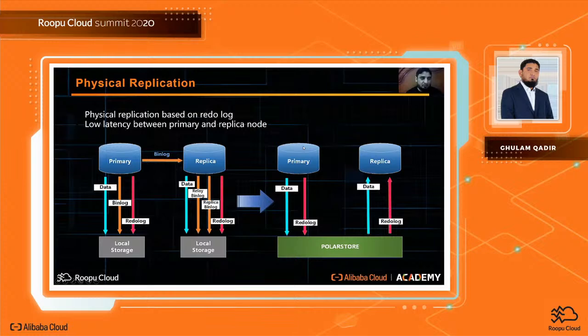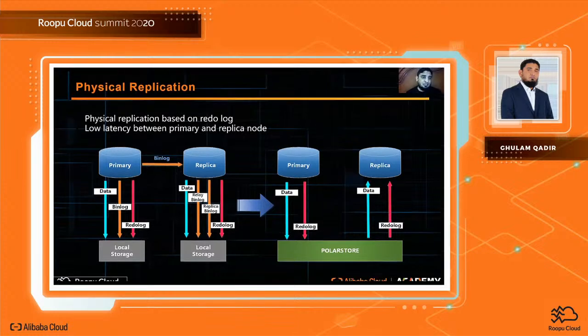So next is physical replication. The natural benefit of leveraging the shared storage, which is PolarStore shared storage. Previously in RDS there is a primary and replica kind of modes which use their own local storage.